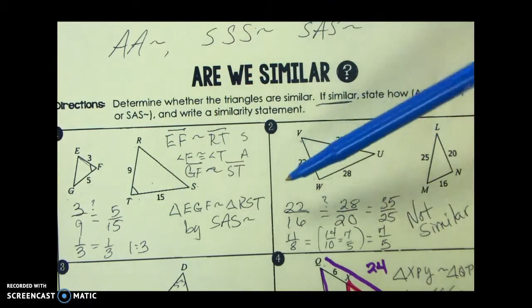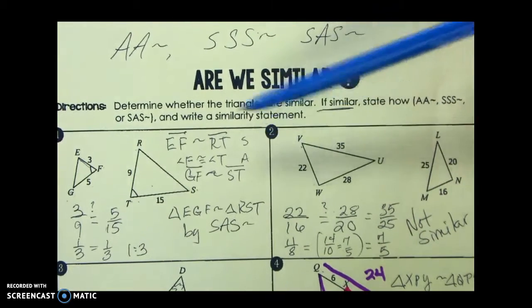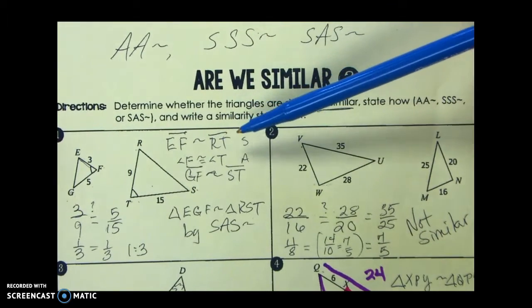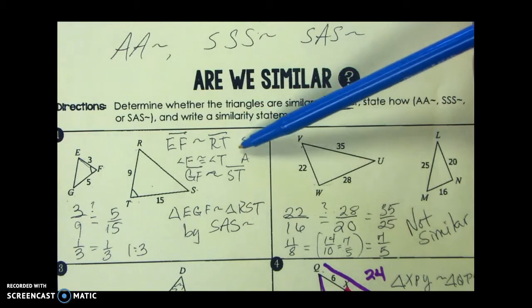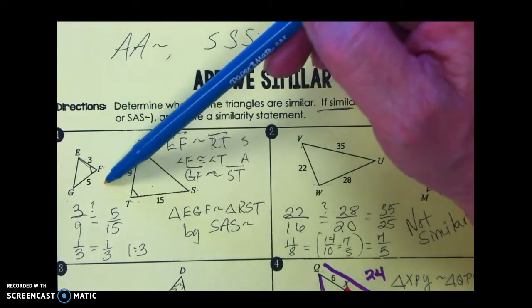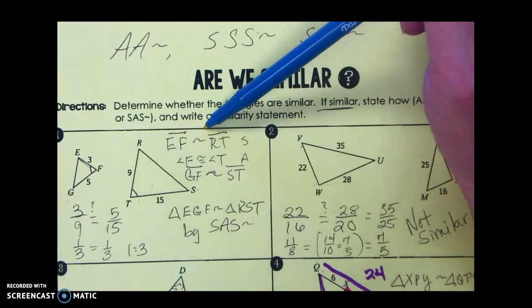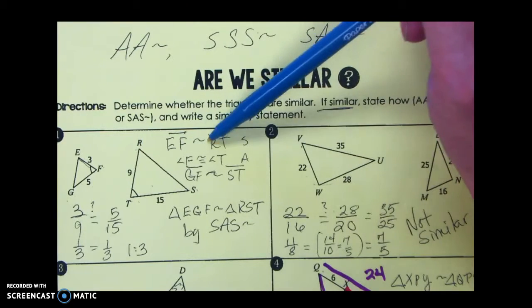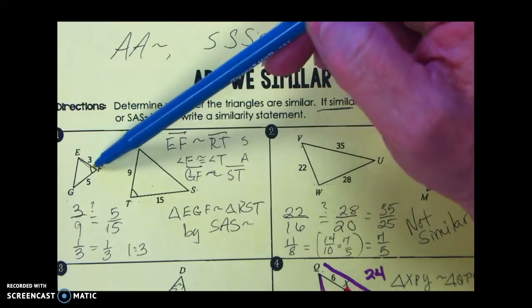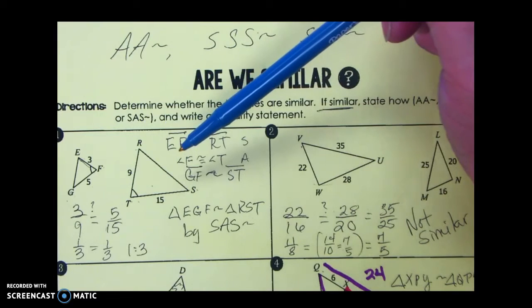Now to set up my similarity statement, I identify my congruent angles and my proportional sides. So EF is similar in proportion to RT. So when we write that, that's what we mean, that this side is proportional to this side.